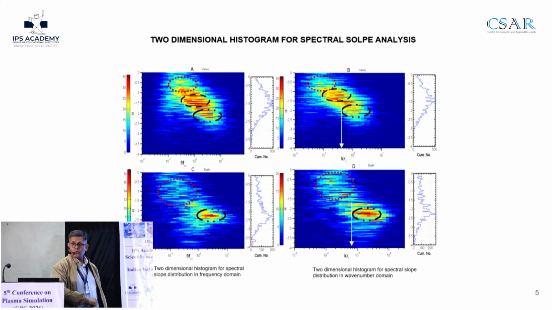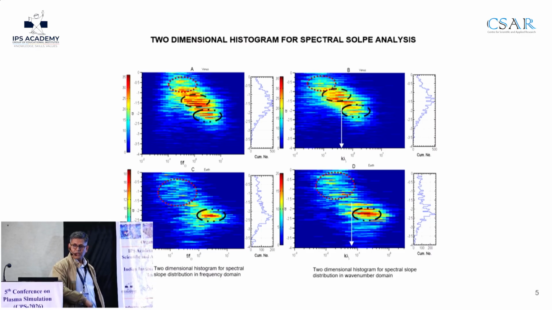To analyze closely how the spectral slope distribution is changing from low to high frequency, or from larger to smaller scale, we have developed an automatic numerical procedure. In this procedure, we look for the power law frequency range, and then we estimate the spectral slope value in that frequency range.